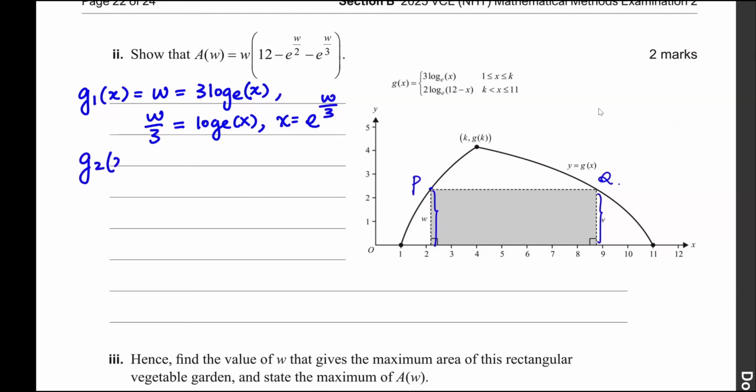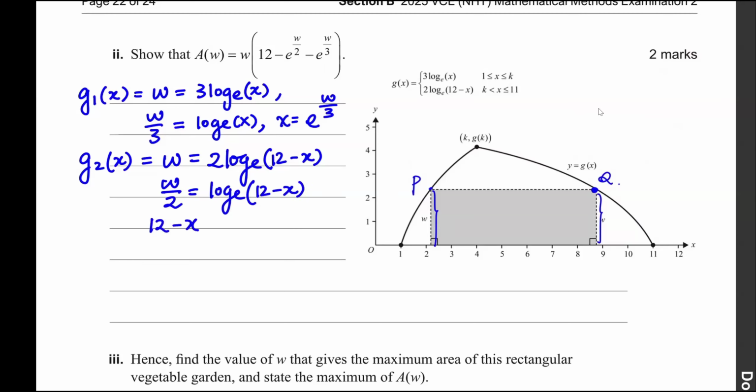And g2 of x equals W as well. I'm talking about the point Q here. Equals 2 log e (12 minus x). So W over 2 equals log e of (12 minus x). 12 minus x equals e to the power W on 2, and x is 12 minus e to the power W on 2.